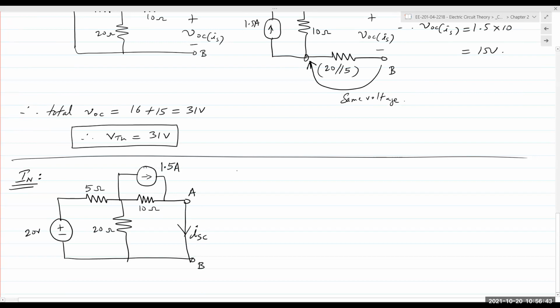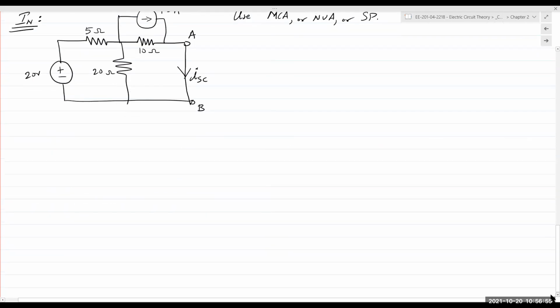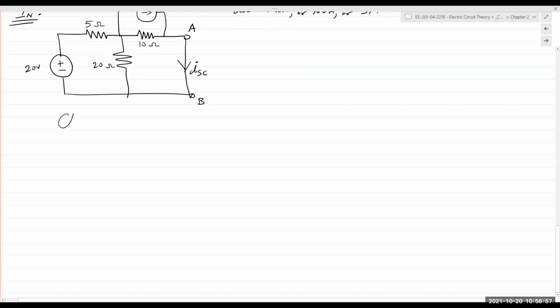So again, you can use mesh current analysis or node voltage analysis or superposition. Let's solve this using superposition again. Then I can say ISC is due to Vs, the voltage source, and ISC due to Is, the current source. So I have to redraw the circuit again.